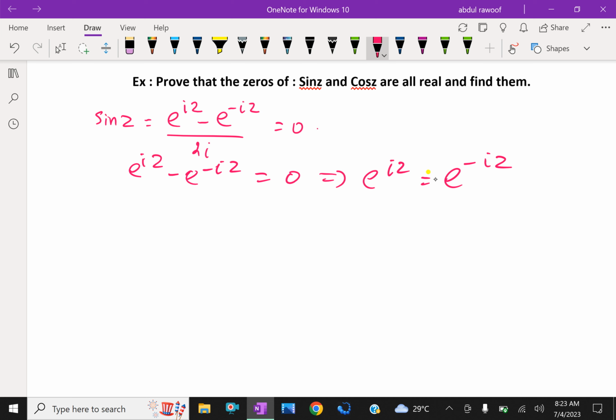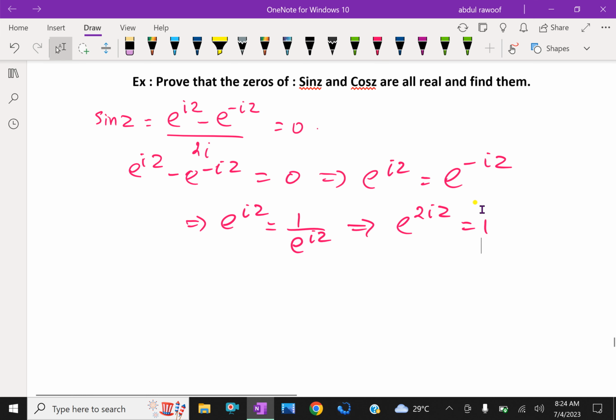Then further, e^(iz) equals 1 over e^(iz), which gives, by cross multiplying, e^(2iz) equals 1.